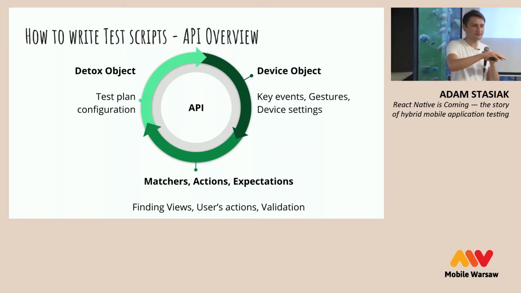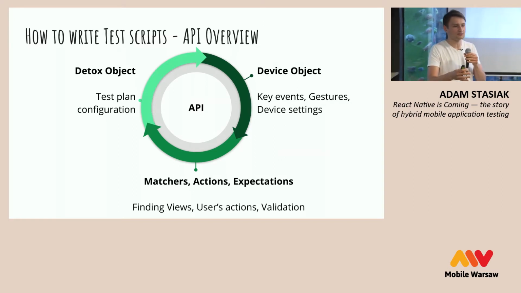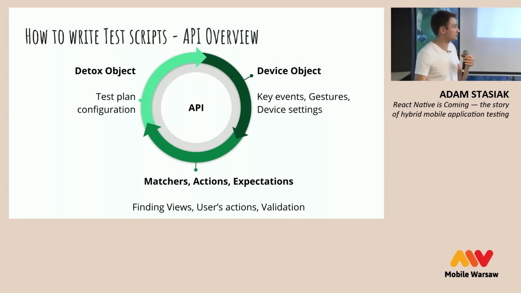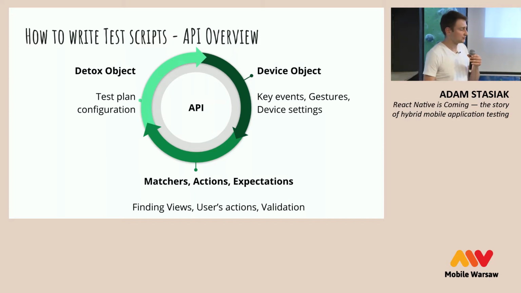We can change the orientation of our device or perform some swipes, so like user interaction. And the last and most important part is the section of matchers, actions, and expectations. We have some methods for finding our views, performing actions on those elements, and checking if our actions succeeded with some expected results.